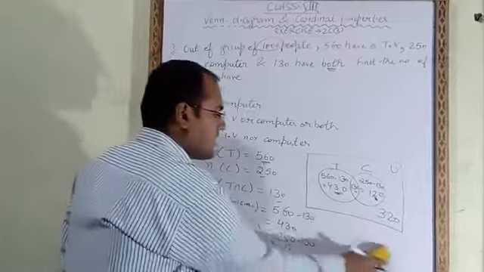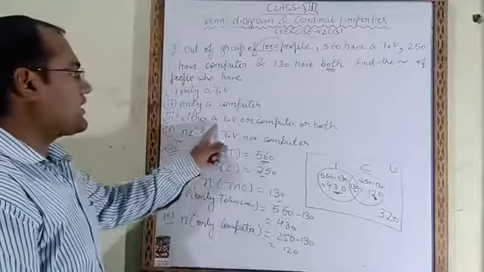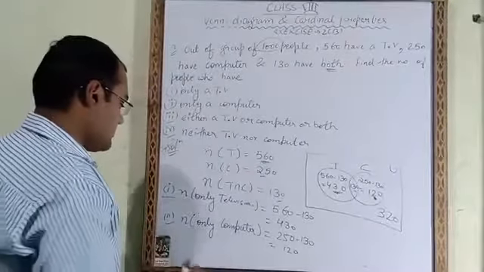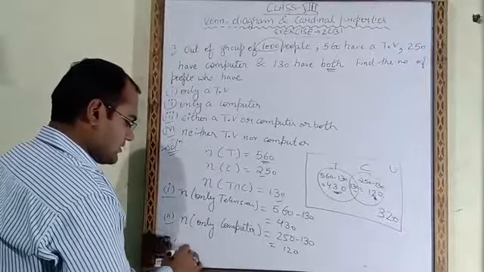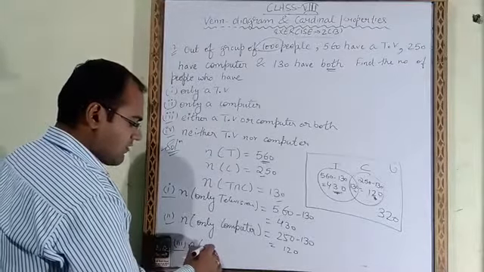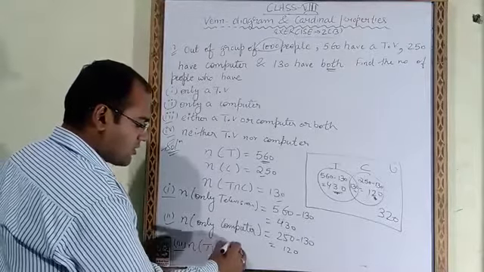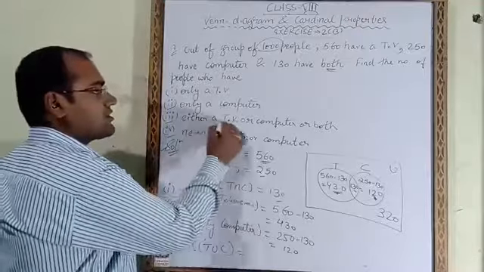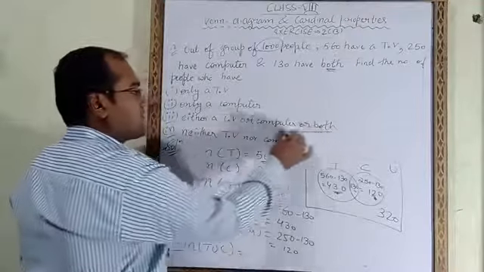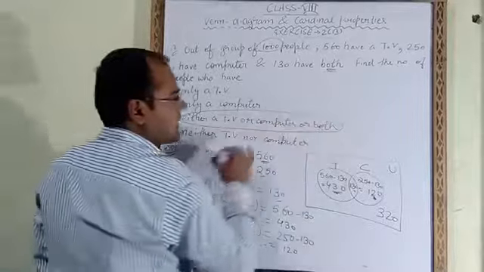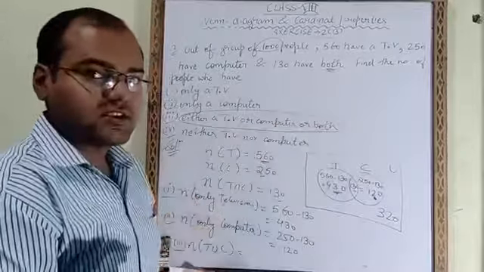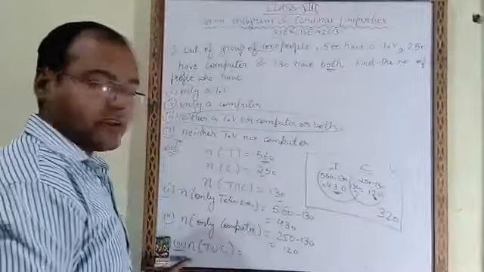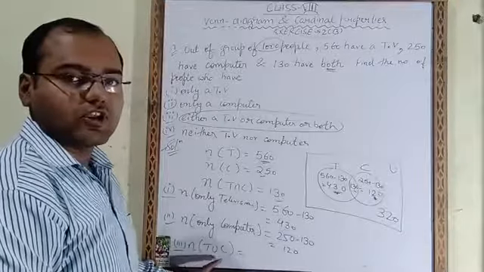Now the third part: either television or computer or both. The third part is the number of people who are having either television or computer or both. If you find such a term, then we have to say that it is union. That's why I have written here N, television union computer.